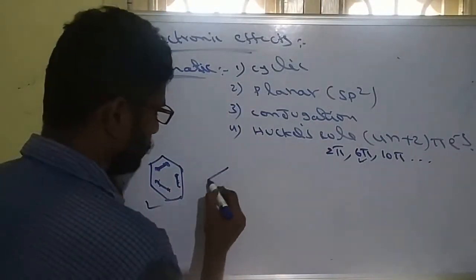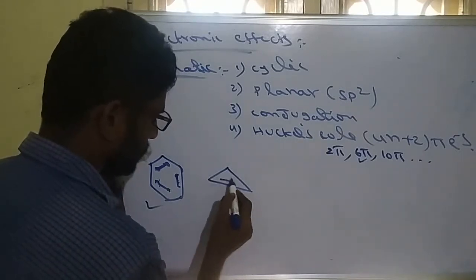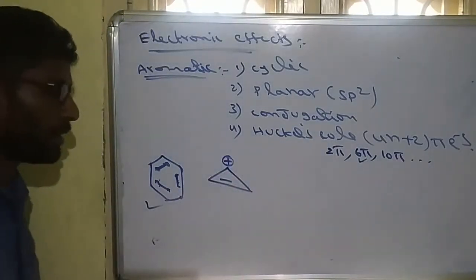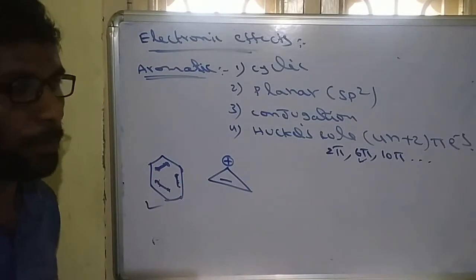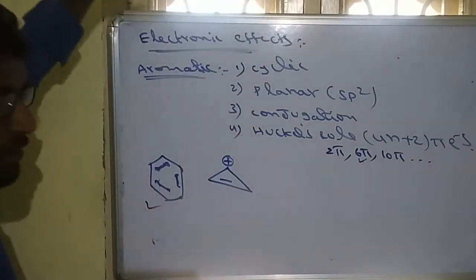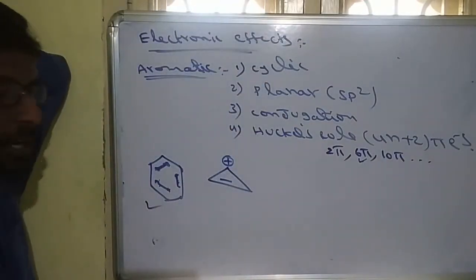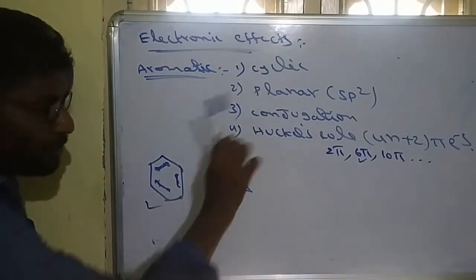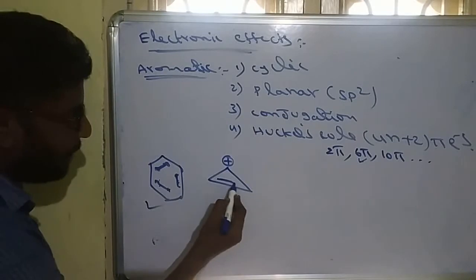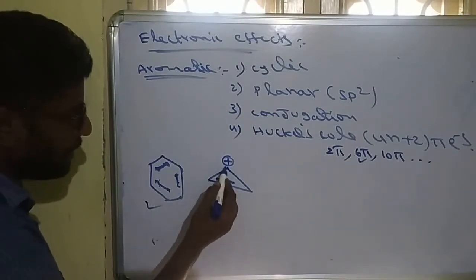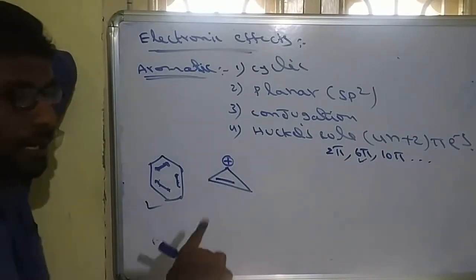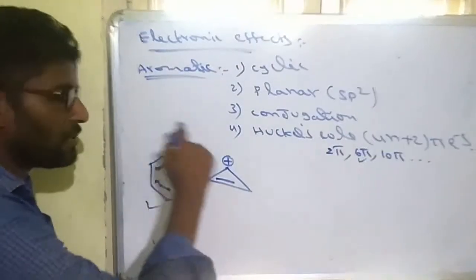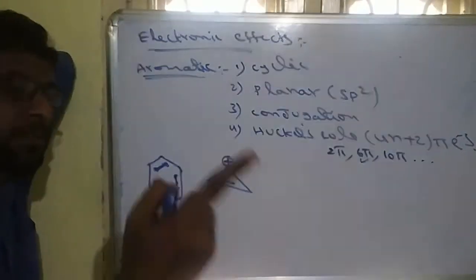Another example. See this molecule, the cyclopropenyl cation. In this molecule, we have to observe whether it is aromatic or not. It is cyclic definitely. A double bond is there. It should be planar. And this is a double bond. The adjacent carbon has a charge. Not only alternate pi bonds, if a pi bond and a charge or lone pair is there, they will show conjugation.